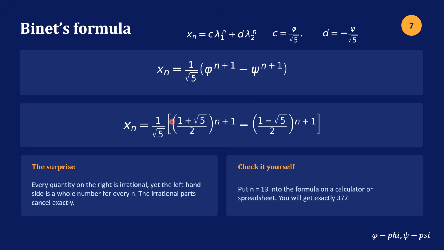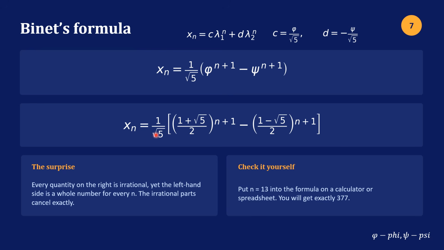So the first time I saw this, and even now, it's kind of amazing because we know x sub n is 1, 1, 2, 3, 5, 8. It's all whole numbers. And yet the expression for x sub n is this thing that has irrational numbers in it and powers.